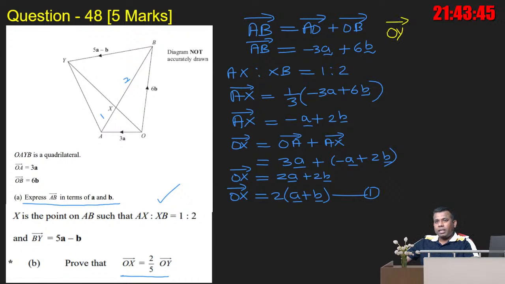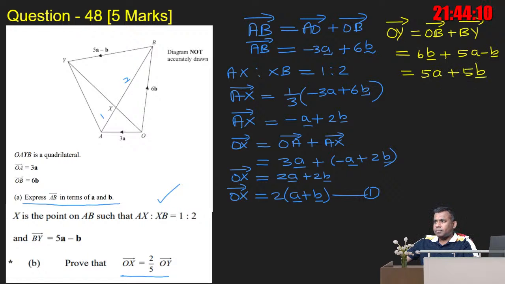OY, if you look at the diagram, I can write an equation O to B plus B to Y. O to B is 6B plus 5A minus B. So that is going to be 5A plus 5B, and that is going to be 5 bracket A plus B. Now you can simply say OX vector divided by OY vector.